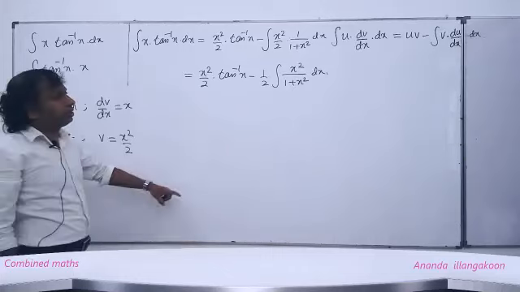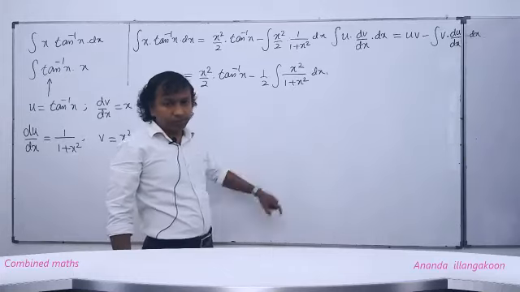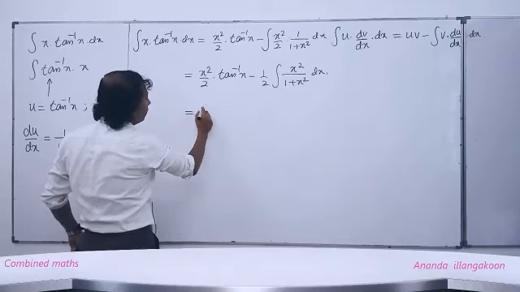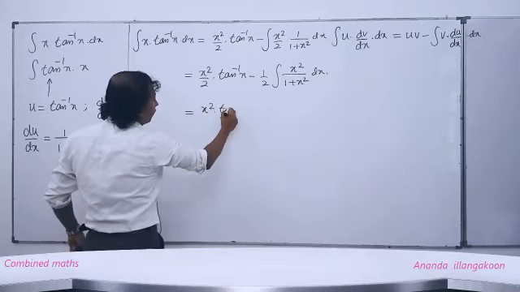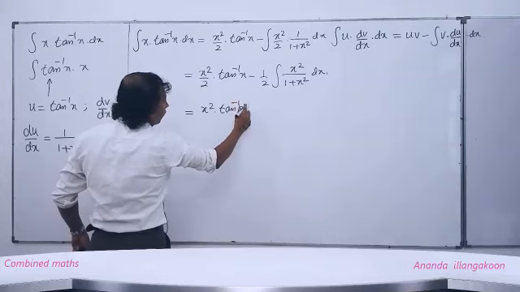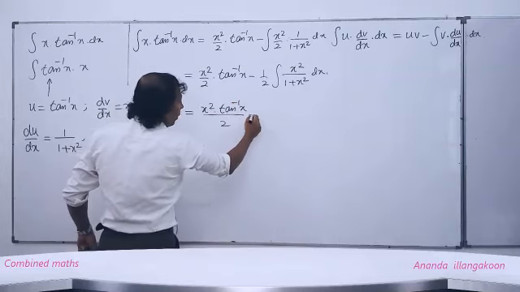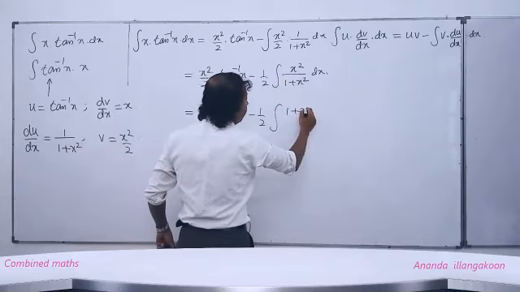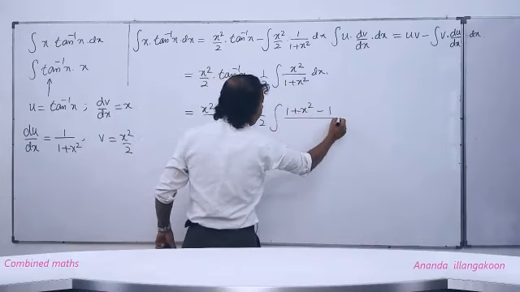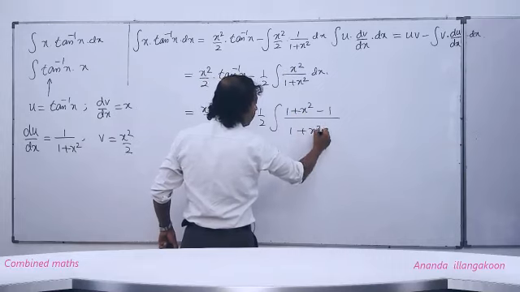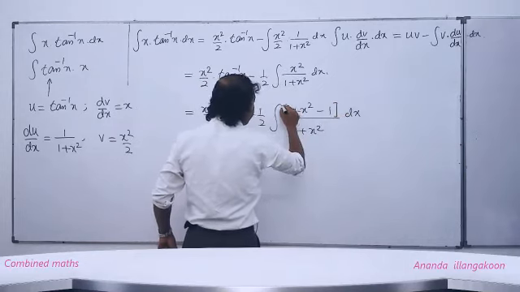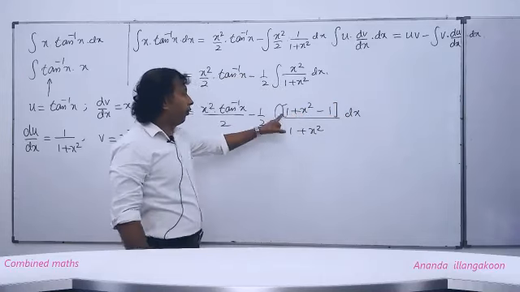Now how to integrate this? Yeah, that can be integrated, people. X squared tan inverse x divided by 2 minus half. Here we add 1 and we subtract 1. It won't change anything now, people. 1 and minus 1 we can cancel.